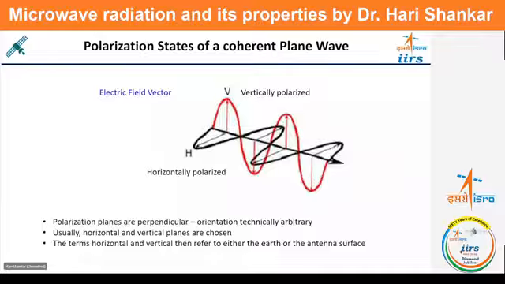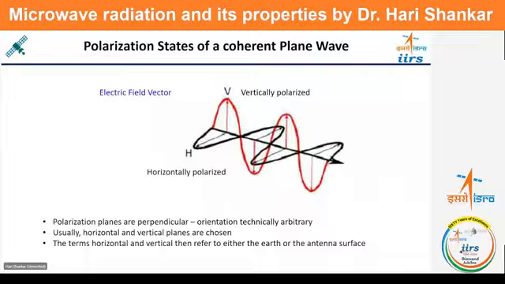So we can stop the vibration along any direction we want, or in other words, we can allow the vibration of the electromagnetic field along whatever direction we want. Suppose we allow the vibration along the horizontal direction; then this electric field vector is called the polarized electric field vector. The vibrations are happening only in a particular direction, which means the wave is polarized.